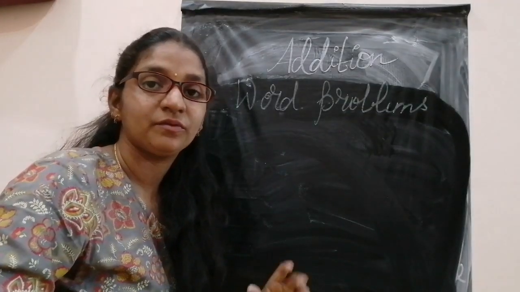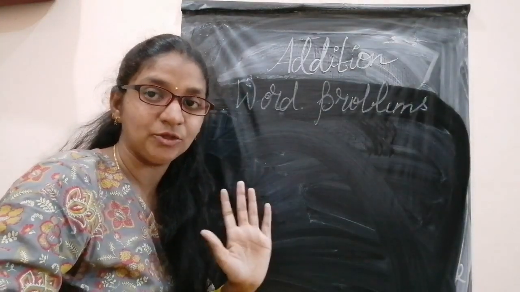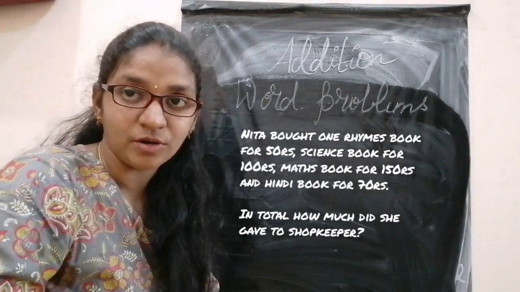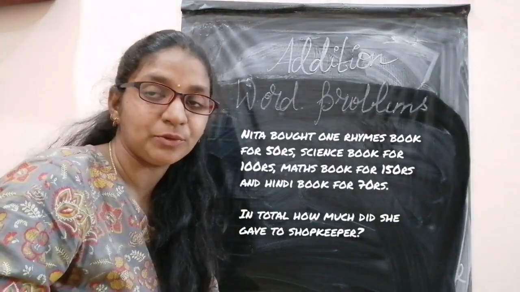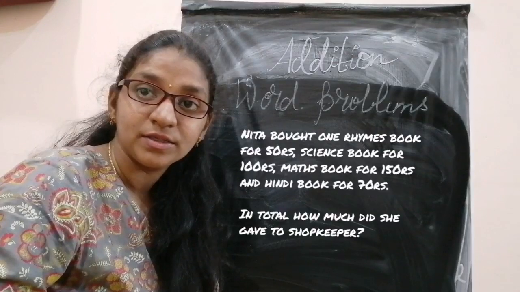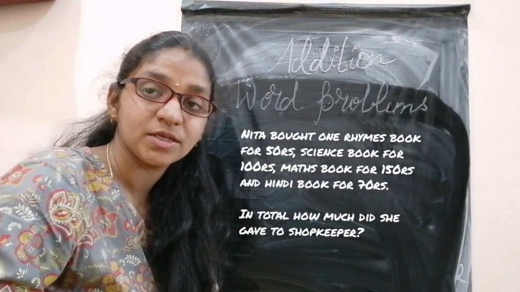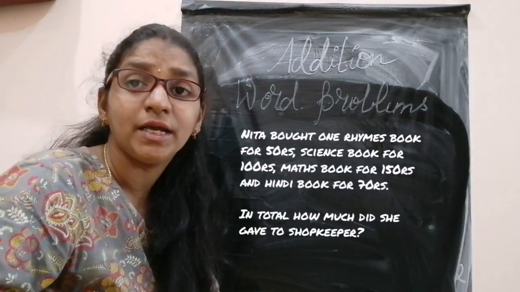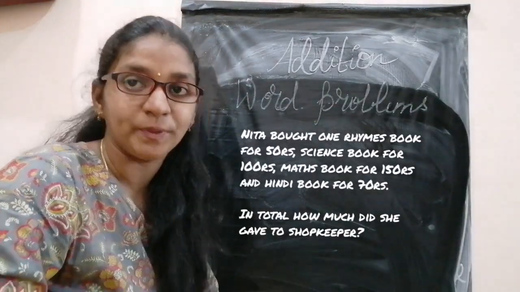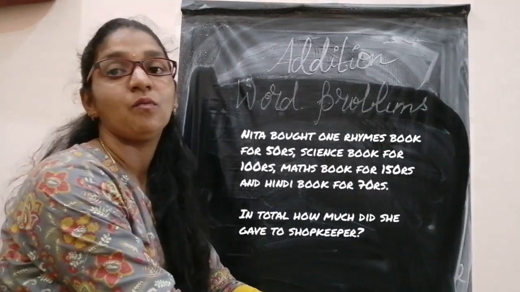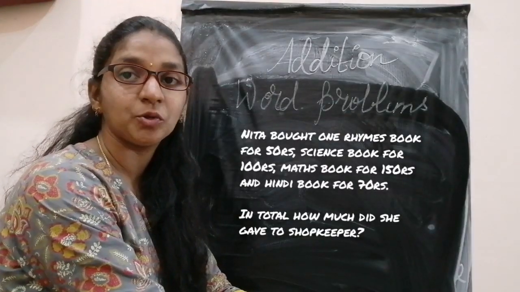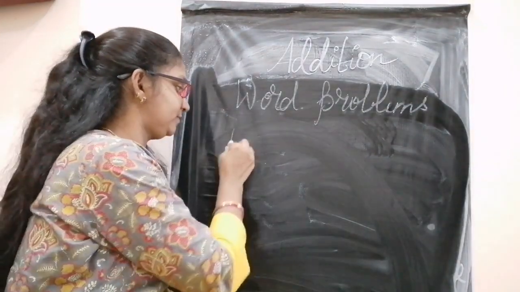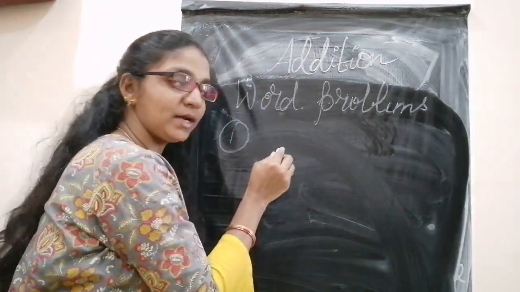Problems. Let me give you an example. One word problem. Nita bought one rhymes book for 50 rupees, one science book for 100 rupees, one maths book for 150 rupees and one Hindi book for 70 rupees. What is the total that she paid to the salesman? This is the question. First, take what Nita bought.